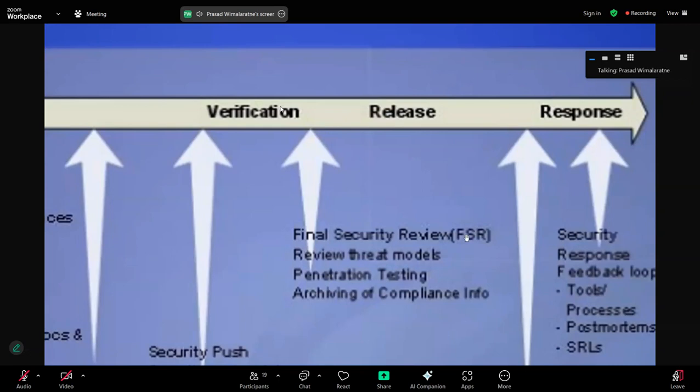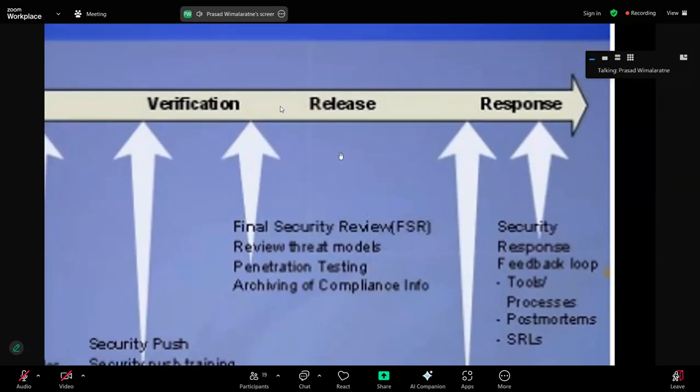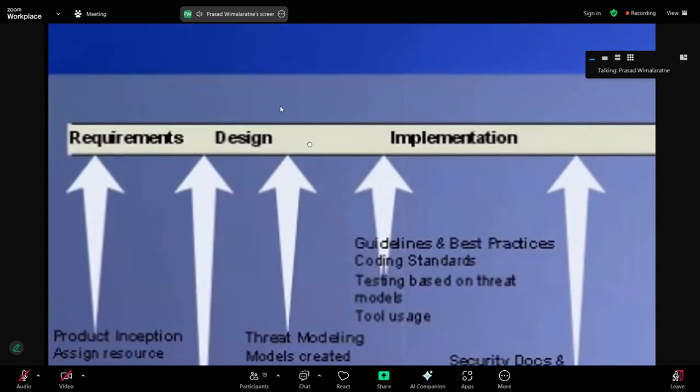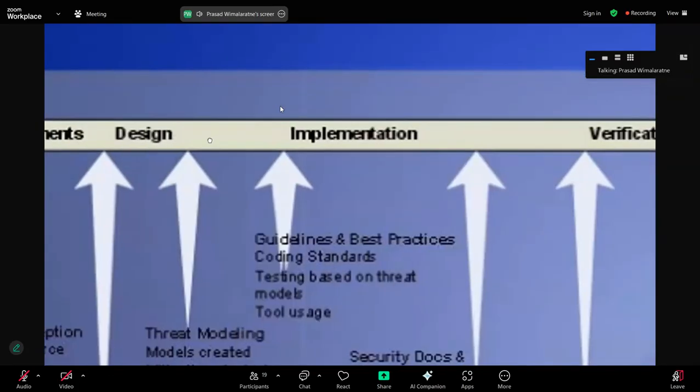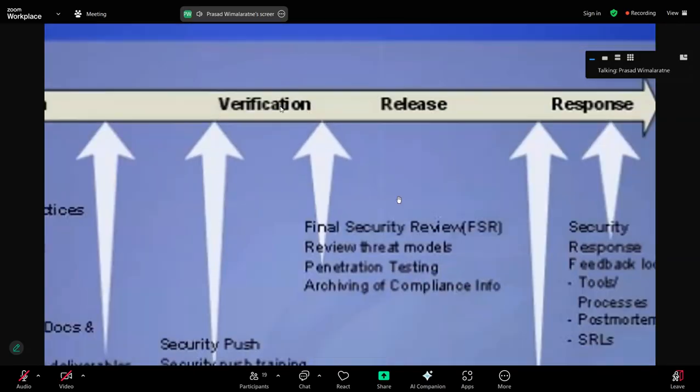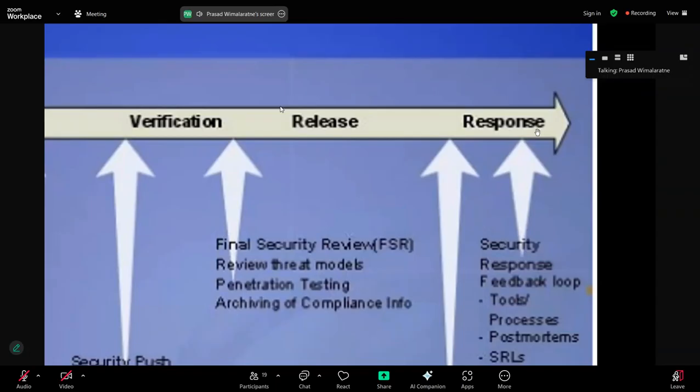So the response is what? Basically we capture requirements: a secure requirements capture, secure design, secure implementation or secure development, secure testing, secure deployment, and something called incident response. So we should look at the process of incident response.